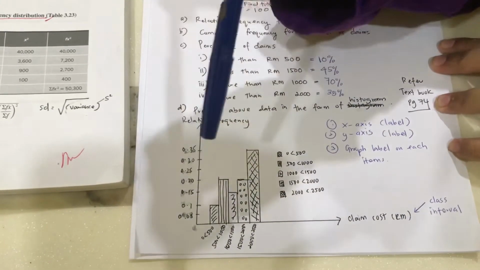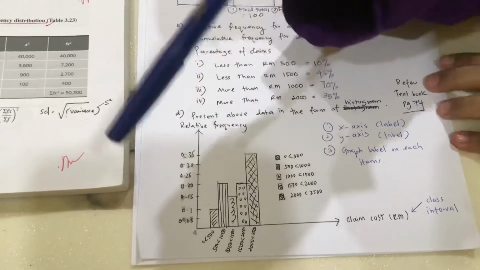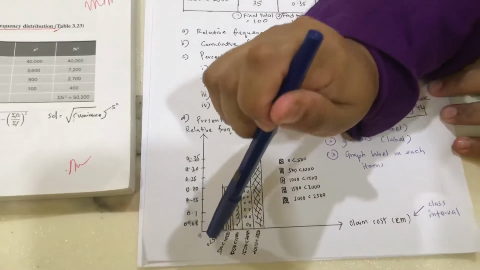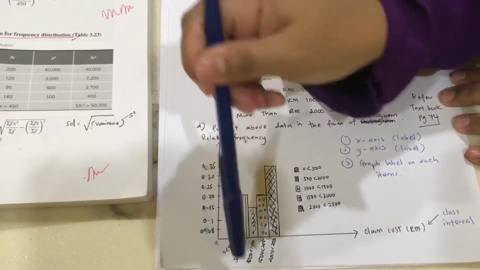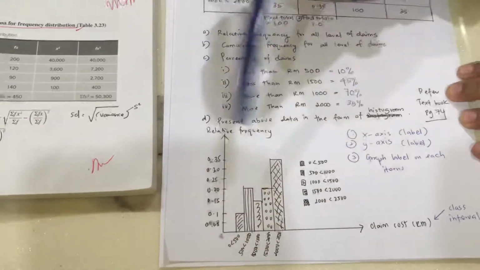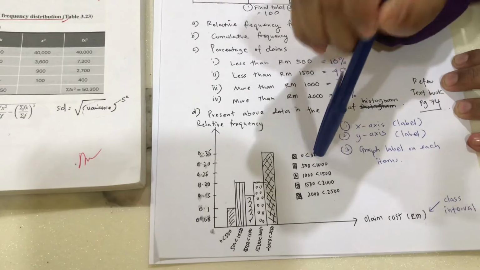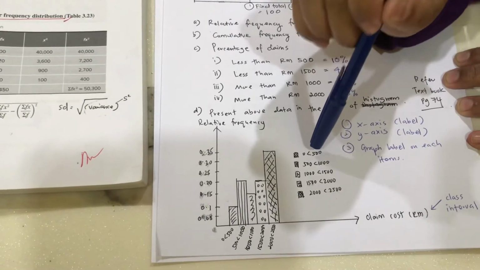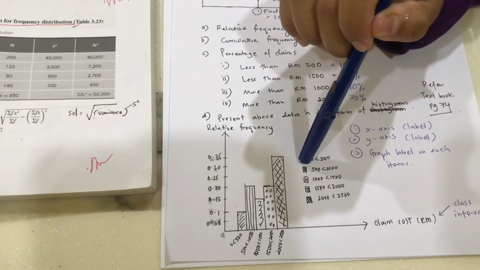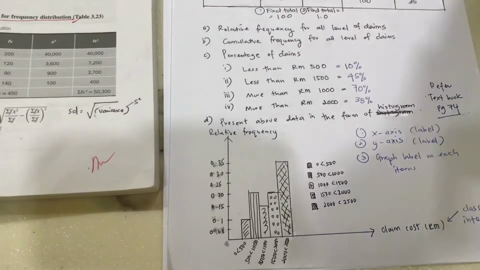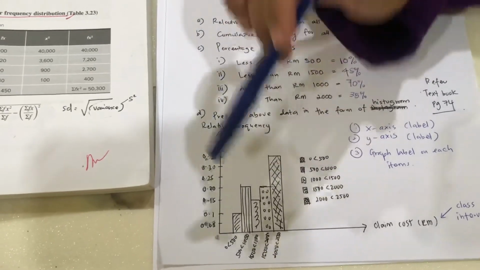You have two methods to construct your histogram. First, you can label by putting the numbering or class intervals below your histogram, or you can choose to make a sign here that indicates each of the bars.